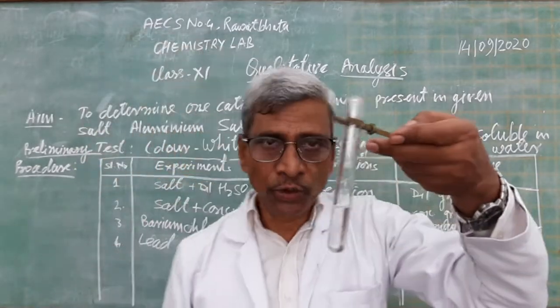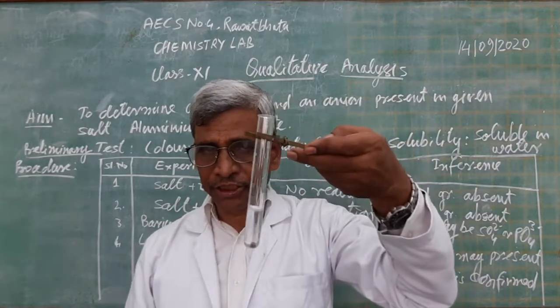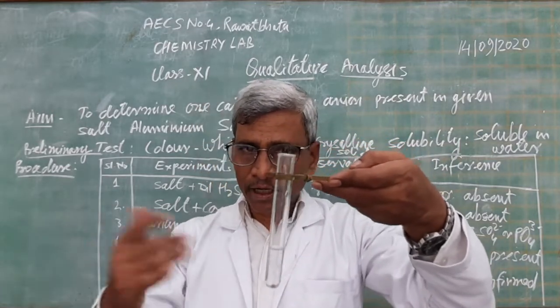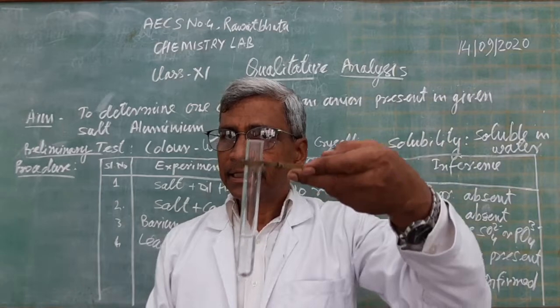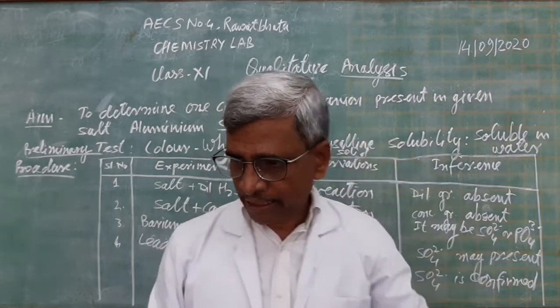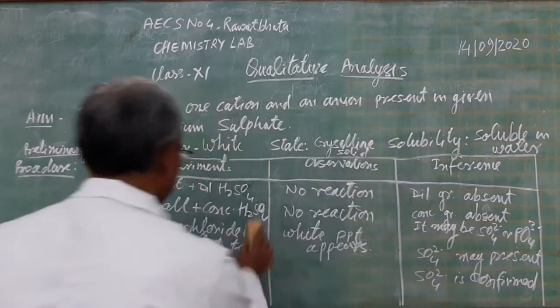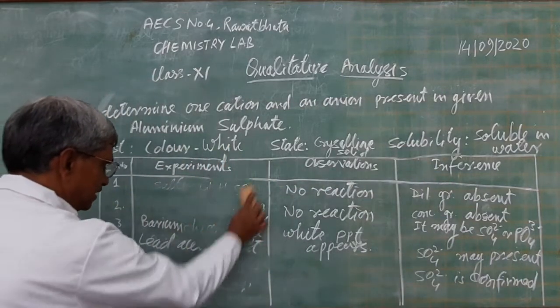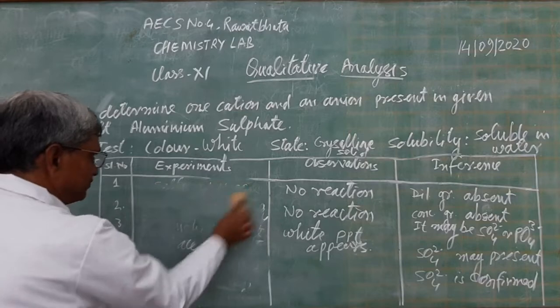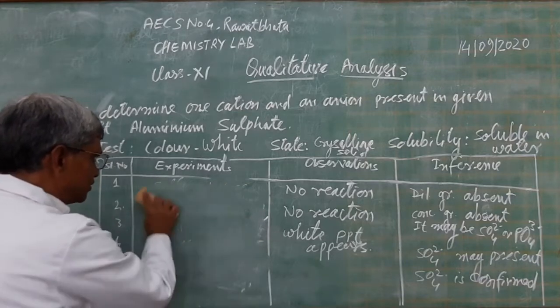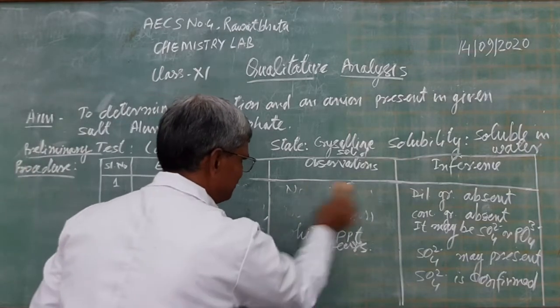Observation: no reaction, there is no change, no bubble or color change seen in this test tube. Actually, in this case, we have to see the color of the solution. That is no change. Gas won't come out because the solution is quite dilute.